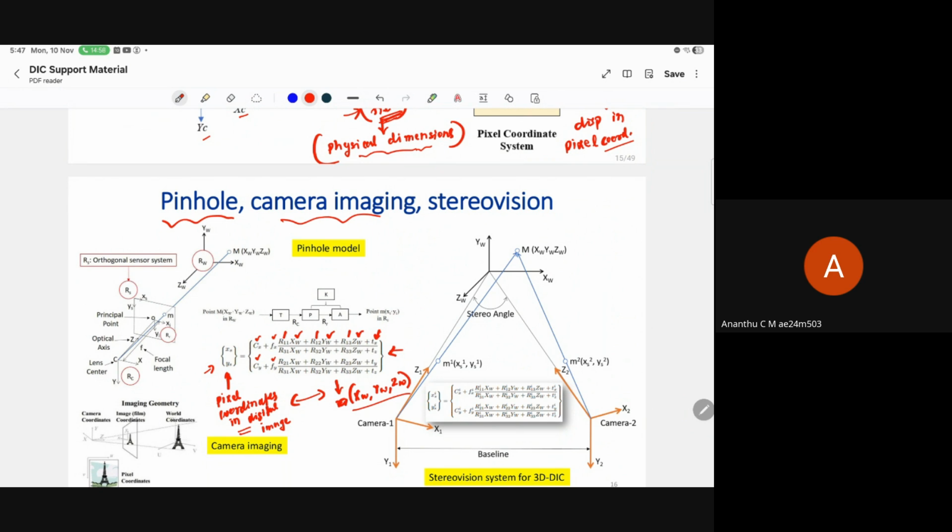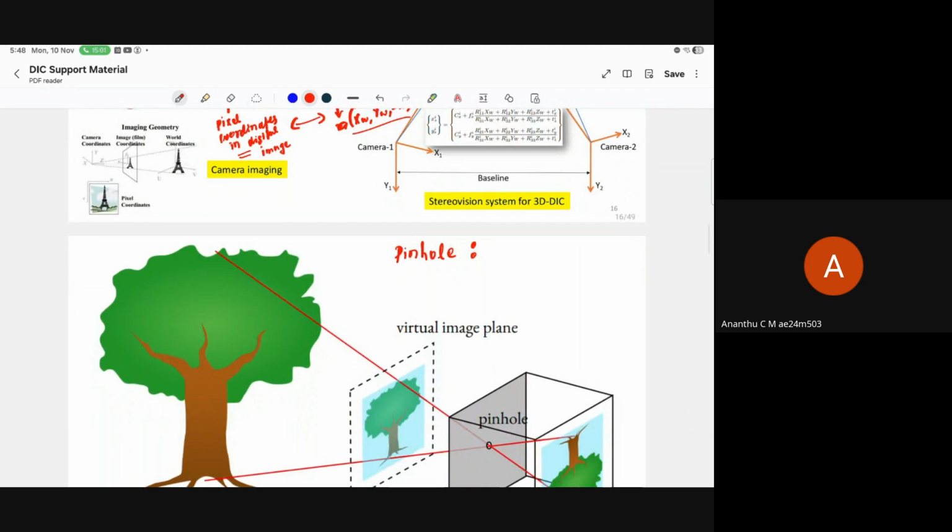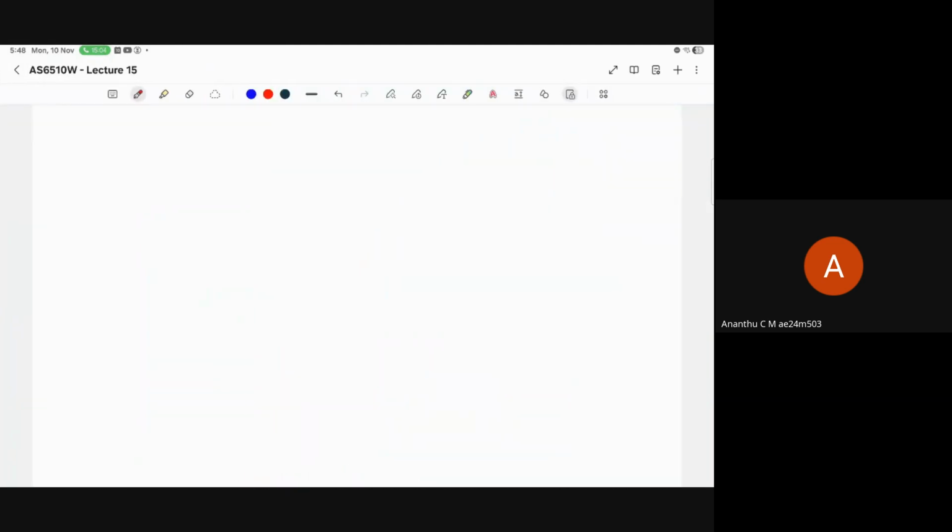Fundamentally, what we have to understand is the pinhole projection model. This is basically the pinhole model, which relates pixel coordinates of a point in the image to the real world coordinates in the world coordinate system.